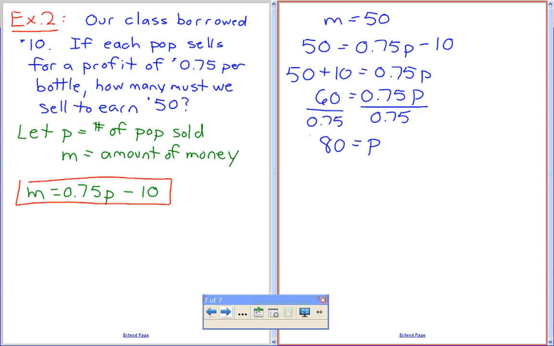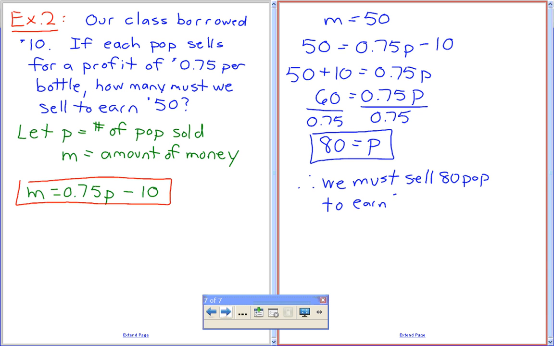Bailey, there's a lot of pressure on you right now. What does that actually mean, P equals 80? So we're going to say therefore we must sell 80 pops to earn $50. Something like that you should be able to do easily on your test.